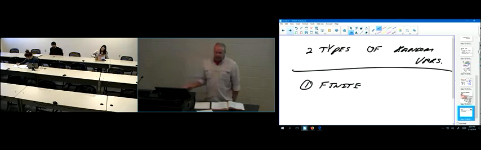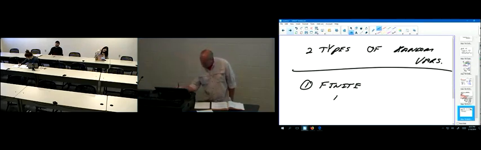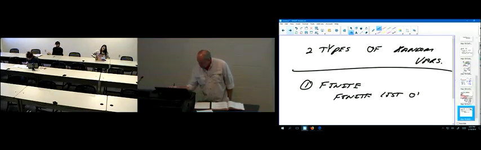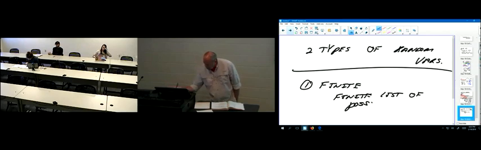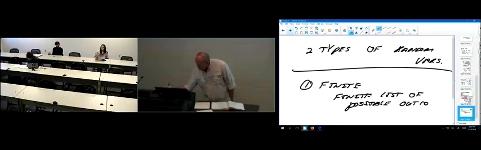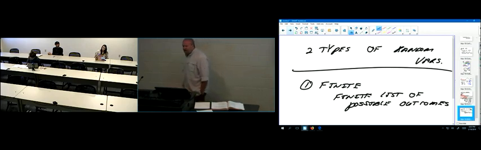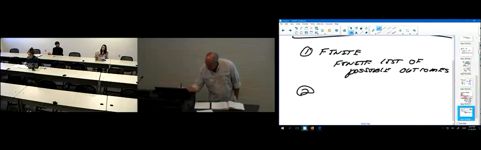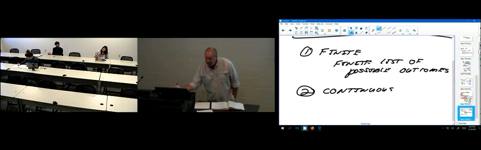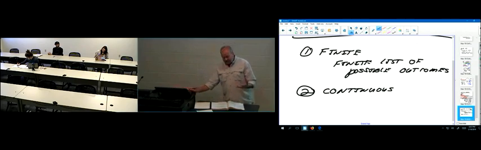What makes the random variable finite? We'll use the language of the book here. It has a finite list of possible outcomes. It means the sample space is finite. And two, continuous. So we can speak of a finite random variable or a continuous random variable.